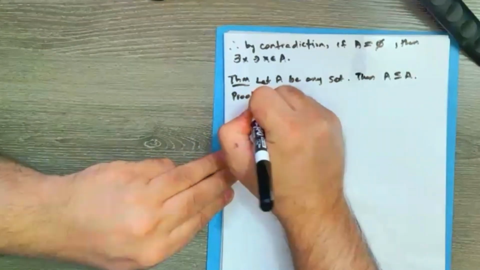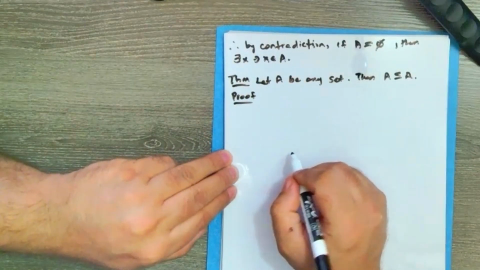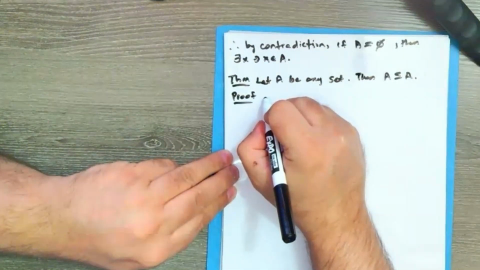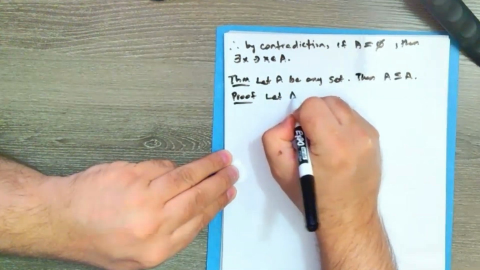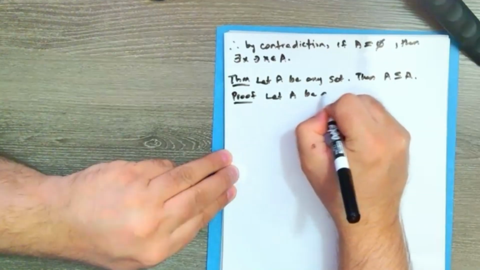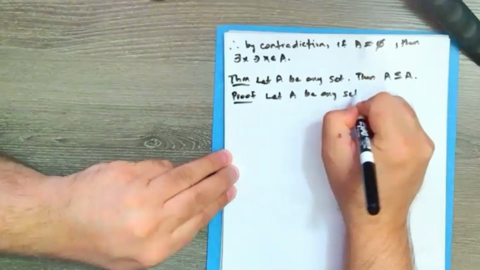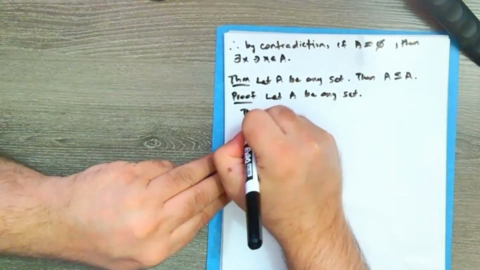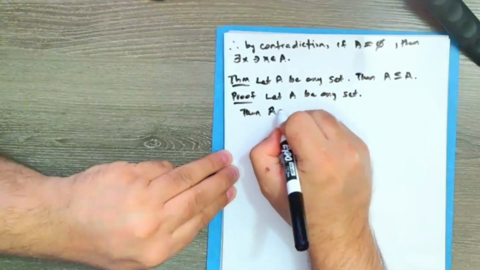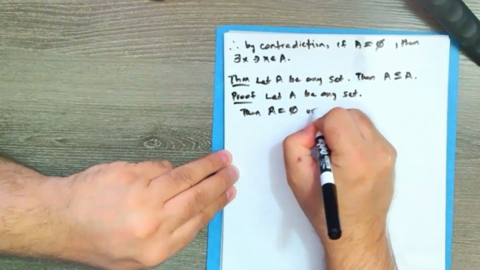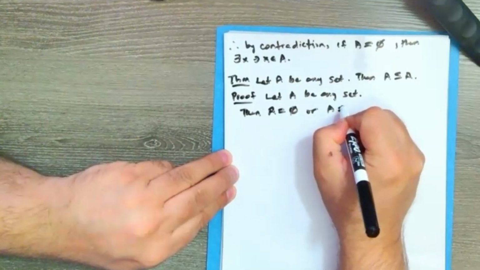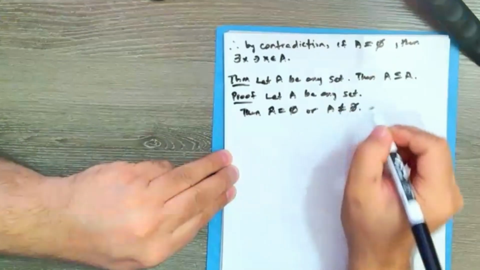So our proof will be a proof by cases. So let A be any set, then either A is the empty set or A is not the empty set.